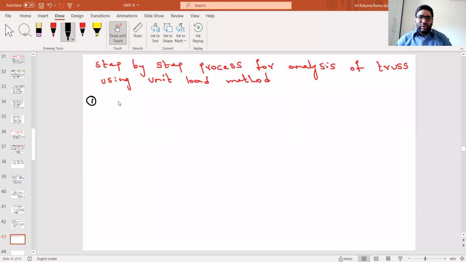We have already seen how to analyze a truss. There are three methods: method of joints, method of sections, and tension coefficient method. Any one of the methods we can choose, but the universally accepted and popular method is the method of joints. You will be asked to calculate the horizontal deflection or the vertical deflection at any given point.